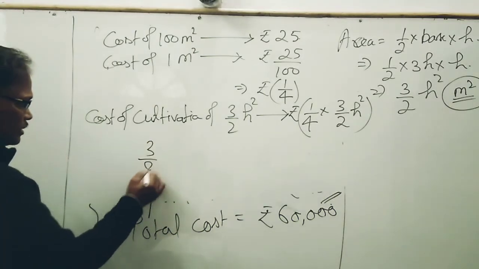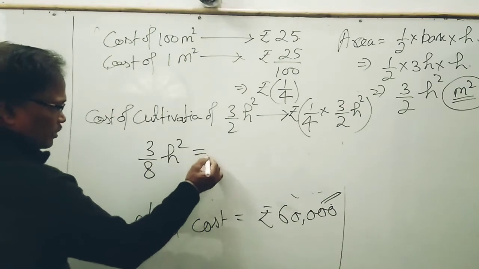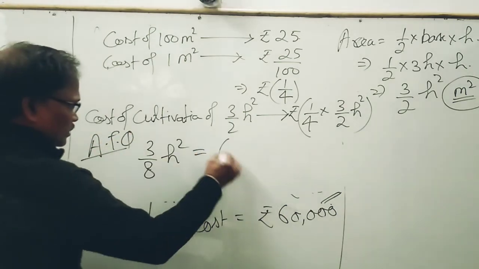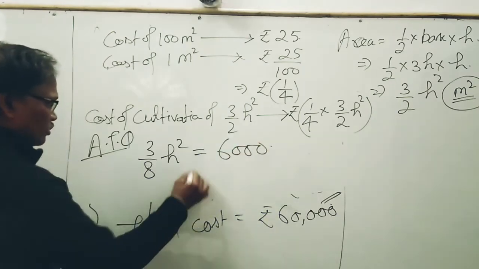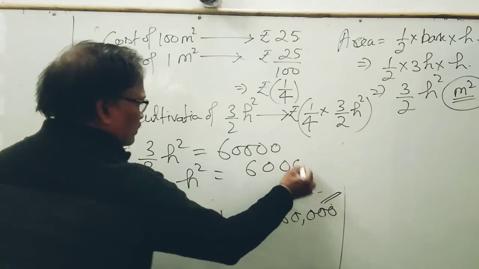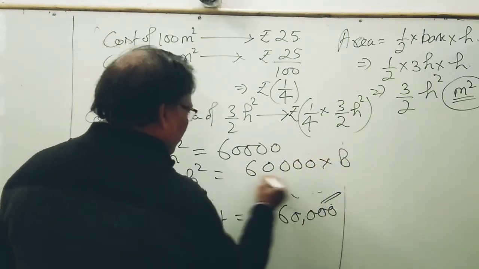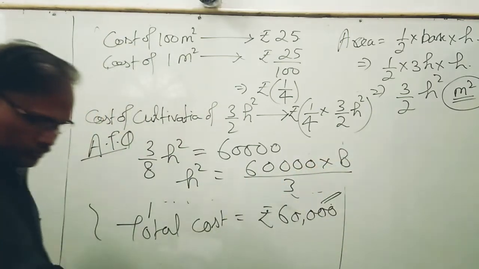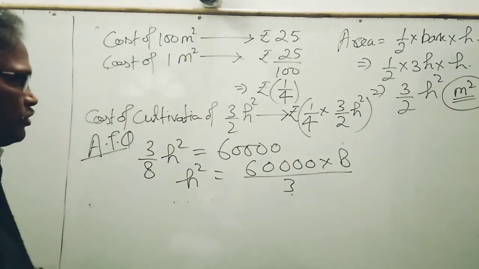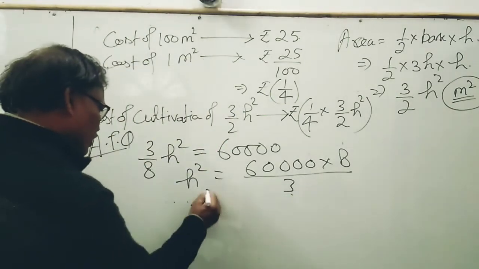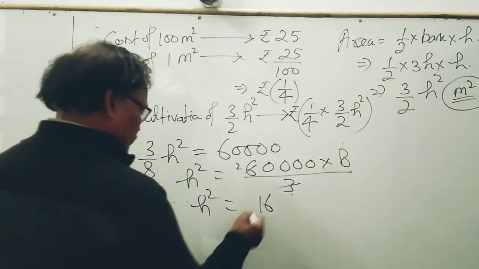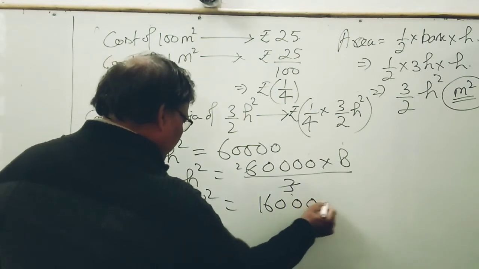So you can write here 3 by 8 h square is equal to, according to question, 60,000. So it will be 60,000 into 8 by 3, and then h square is equal to 160,000. 3 2s are 6, 4 0.